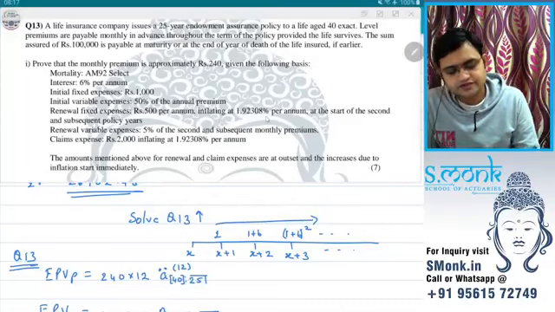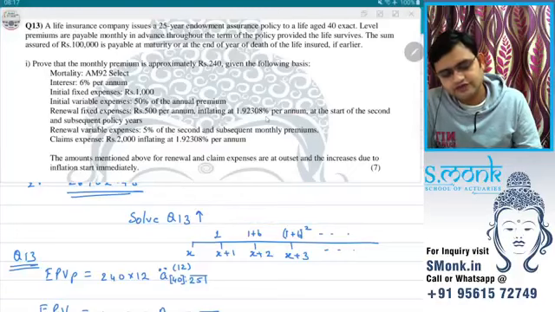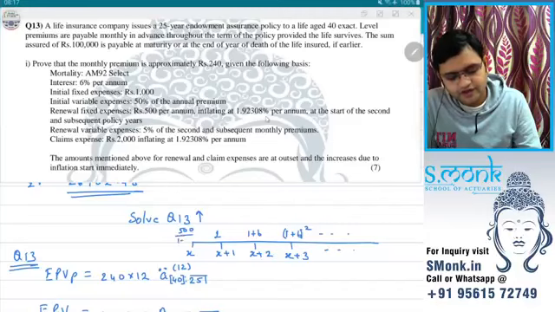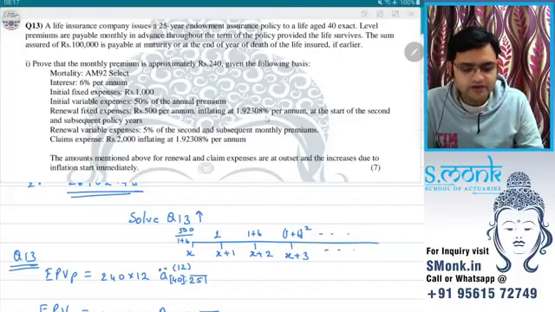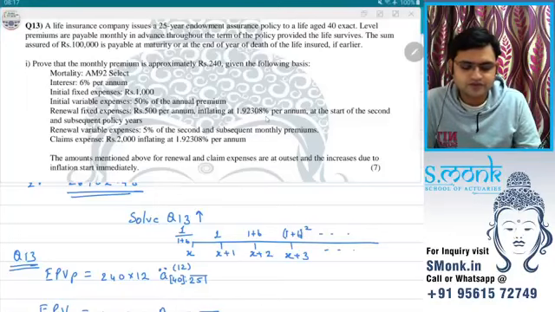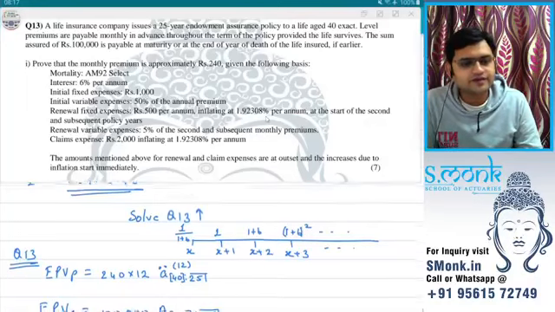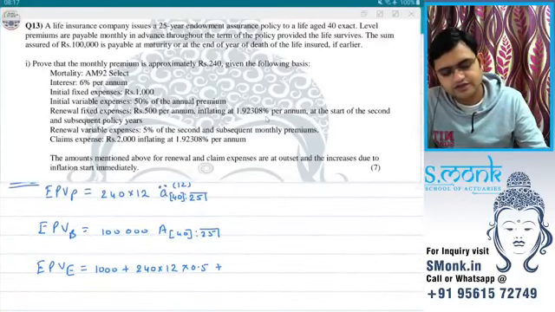Look at this trend: we have 500, 500 into 1 plus b, 500 into 1 plus b whole square, and so on. The first value that we will be seeing here is going to be 500 divided by 1 plus b, or for this timeline it's just 1 by 1 plus b. That is what I will be using to write my expense.